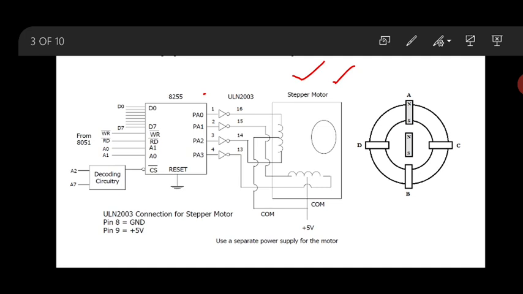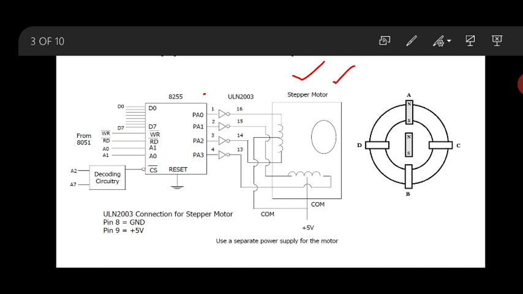Look at this: inside I have a magnet, and outside we have 4 magnets. The outside magnets are energized depending on the electrical signals, and these electrical signals are transmitted from the microcontroller through the program.